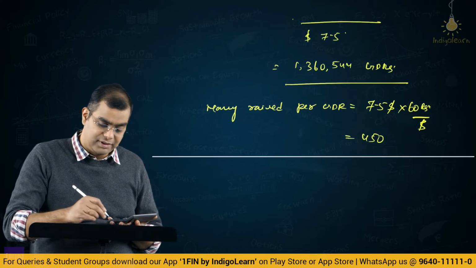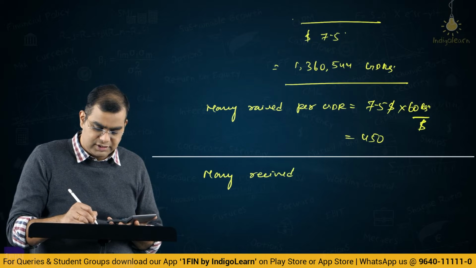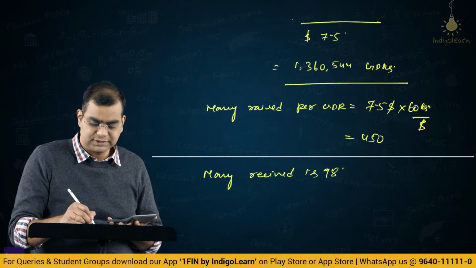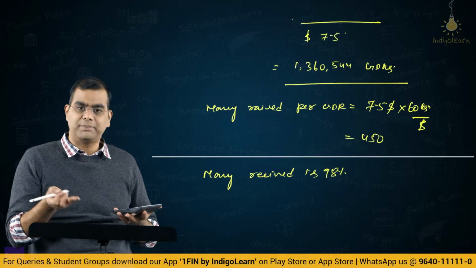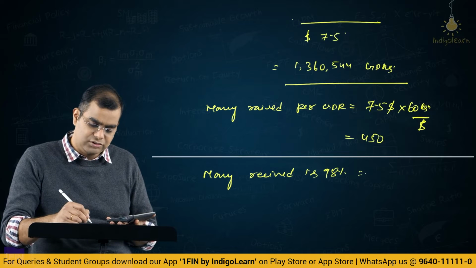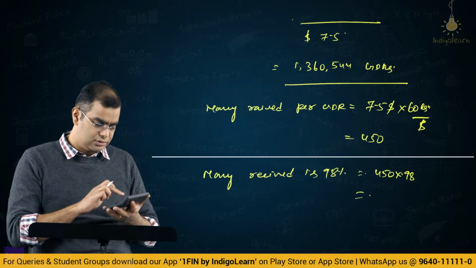This is money raised, but money received is 98% per GDR. If on the total 98% is received, then per GDR also 98% is received. That is equal to 450 into 0.98. That comes to how much?